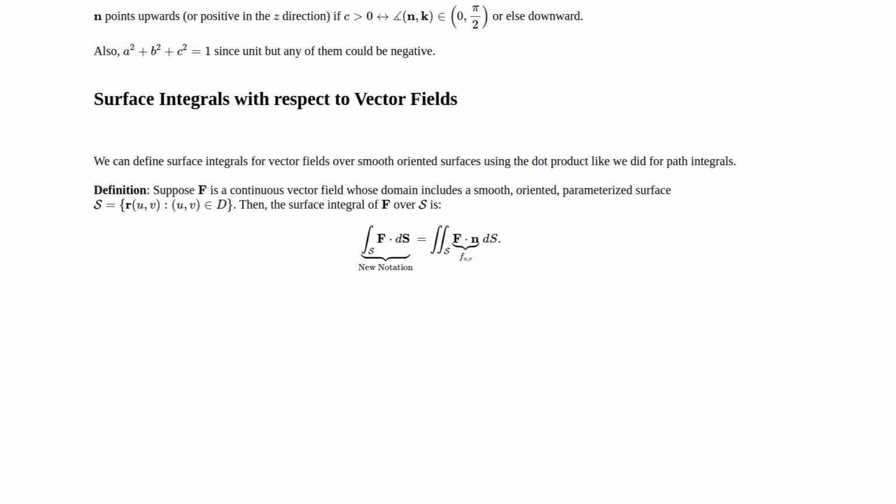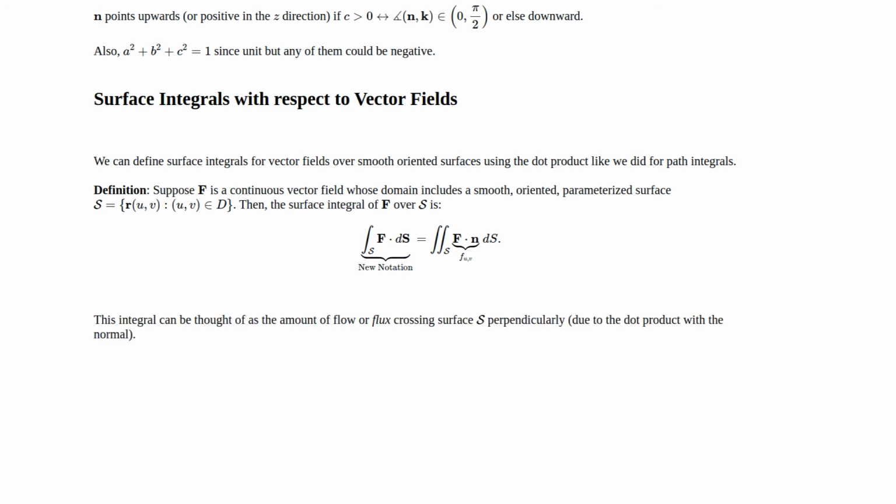So this is equal to the surface integral over S of F dot n. This is the desired direction, so usually positive, else upwards. That is given from these tangent planes. And so that will depend on the parameters u and v, because we're taking the partial derivatives with respect to u and v when we form n. So let's call this f(u,v), and then we do dS, a little increment of surface area.